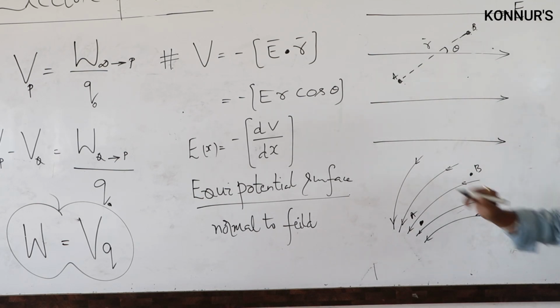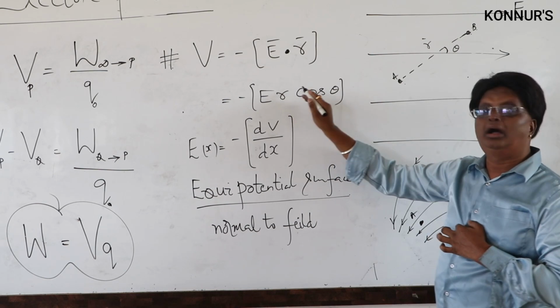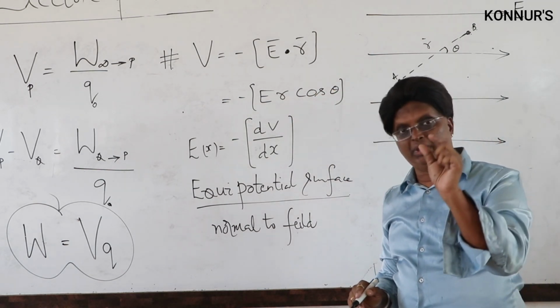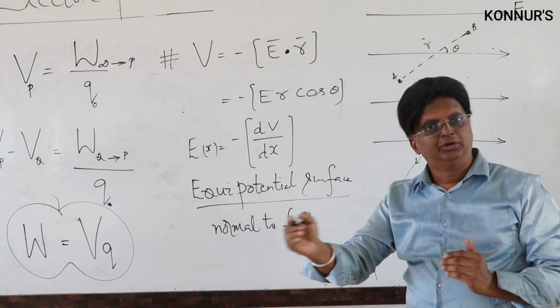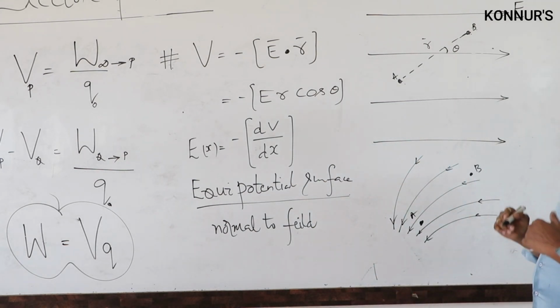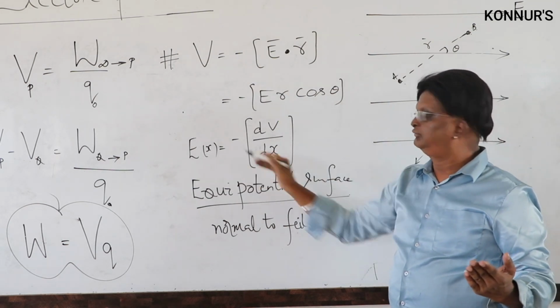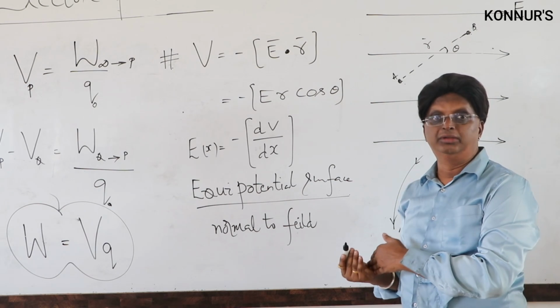Therefore I have to use V is equal to ER cos theta, not simply V is equal to ER, where R is the magnitude of the distance between 2 particles. And otherwise we have taken the result like this, which was the famous rule in mechanics.